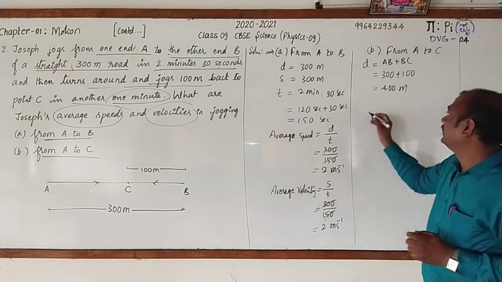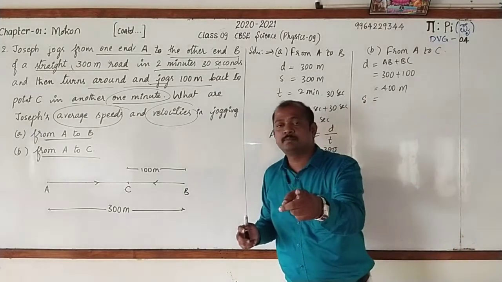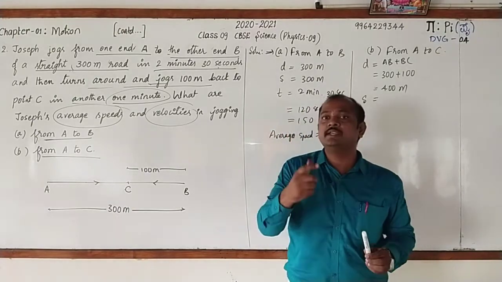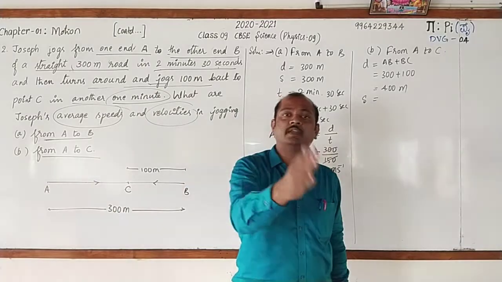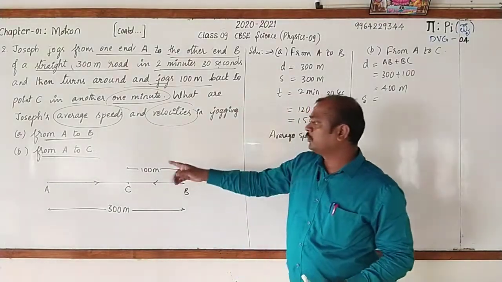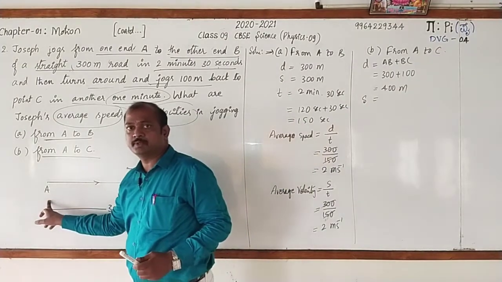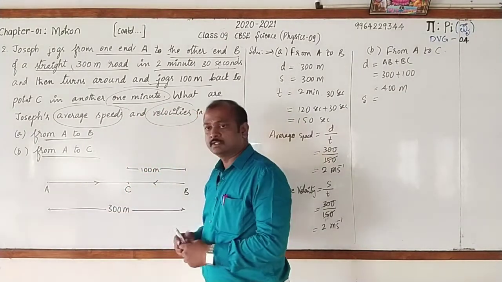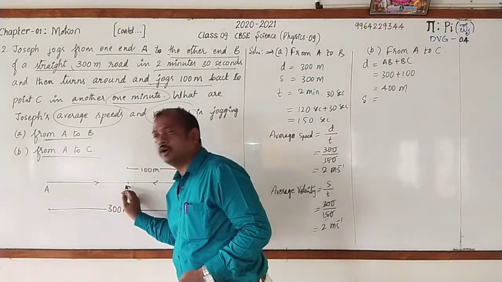Got it? Then displacement. Dear students, you know that displacement is nothing but the least distance or the direct distance between the initial position and final position of a body. Here, what is the initial position of Joseph? It is A. Final position? It is C. From A to C, how much?